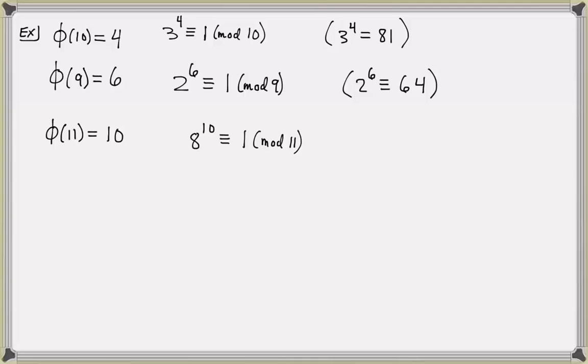But what is 8 to the power 10? 8 to the power 10 is 1,073,741,824. So even with relatively small numbers, these powers can get quite large. 8 to the power 10 is already over 1 billion. So if we're going to work mod 11, this is a great simplification, that you can just simplify 8 to the power 10 with 1 mod 11.